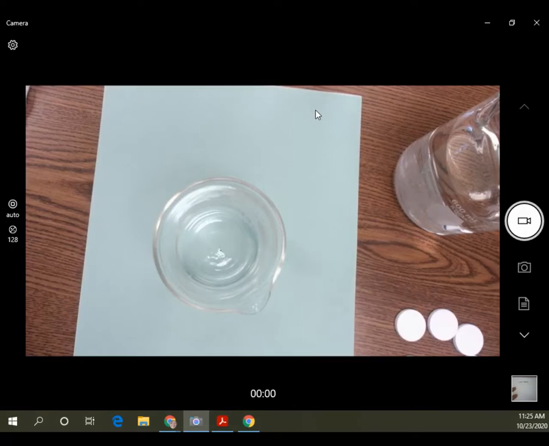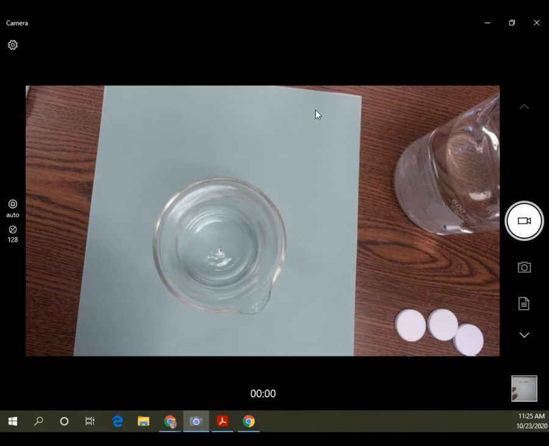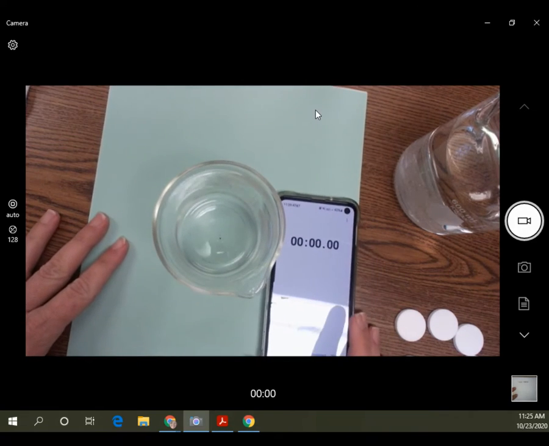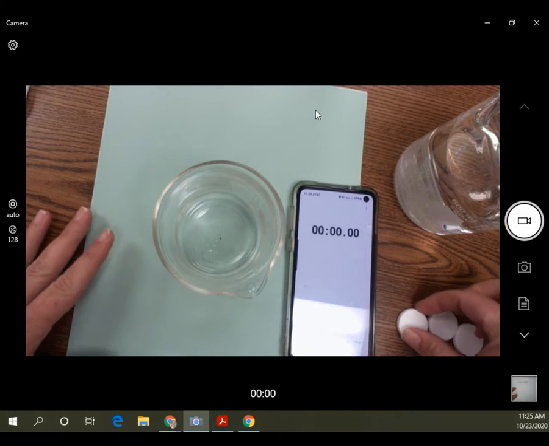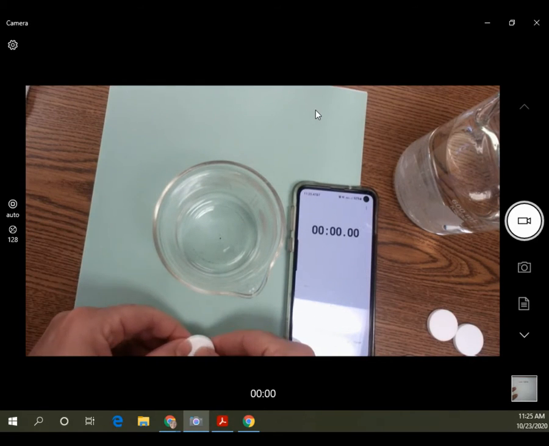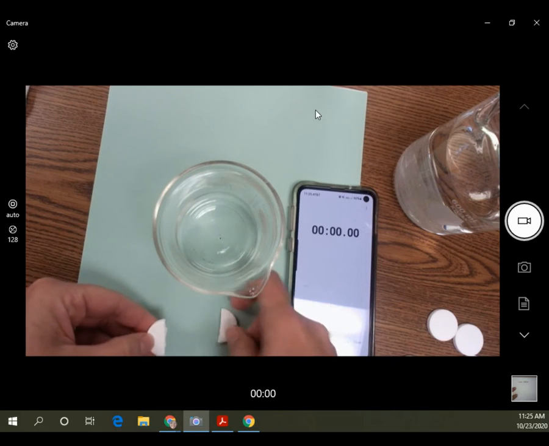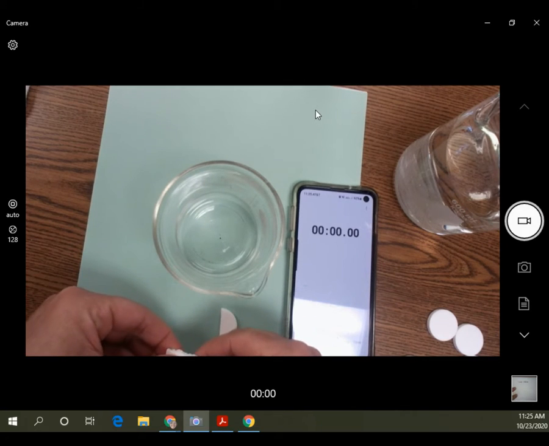Okay. Then it said we need to have a timer ready because as soon as we put our effervescent tablet in there, we are going to want to hit start on our timer. So we'll put our timer right here. We needed to break these in half. Hopefully, that was a pretty clean break. And then it said to break it into another half.